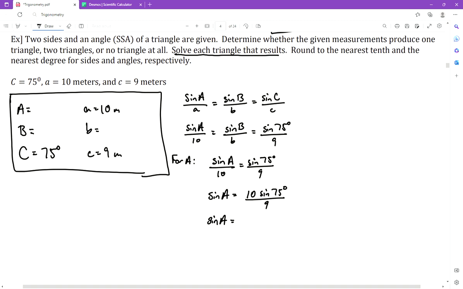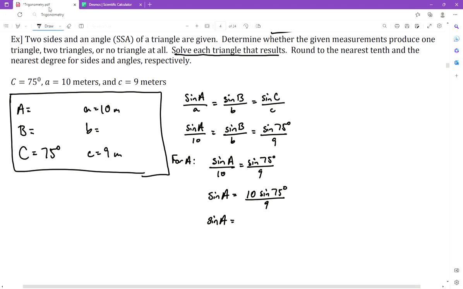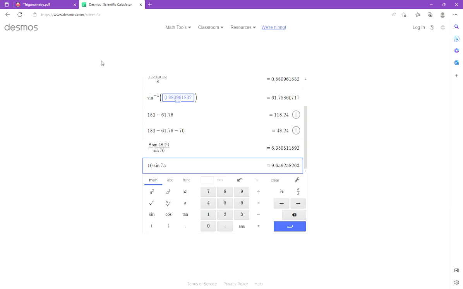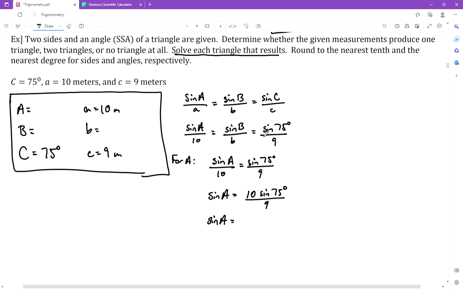So we'll plug that in: 10 sine of 75, divided by 9. Okay, so we get 1.07 to 2 decimals.